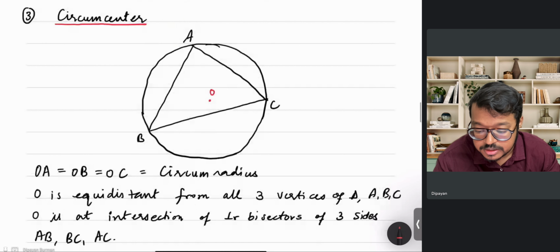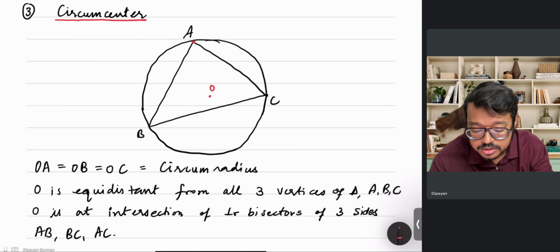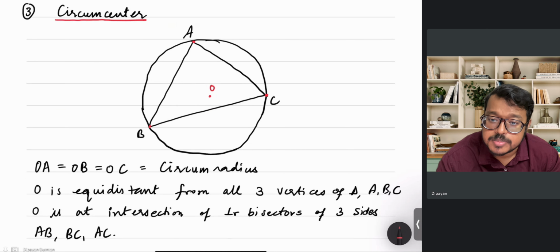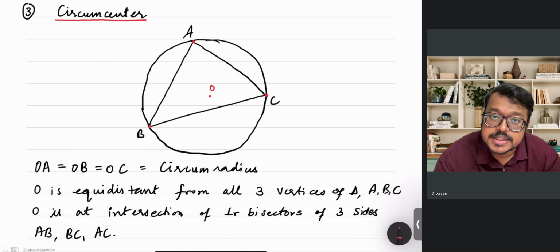Then another center of the triangle is circumcenter. Now circumcenter is actually the center of the circle which passes through all the three vertices of the triangle. So if I have triangle ABC, the circle which I have drawn is the circumcircle, and the center of that circle is known as circumcenter.